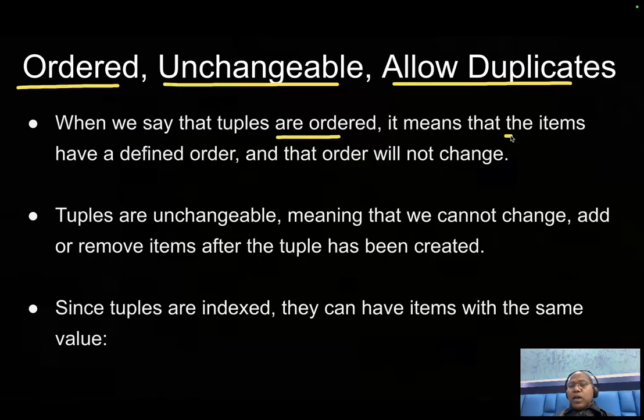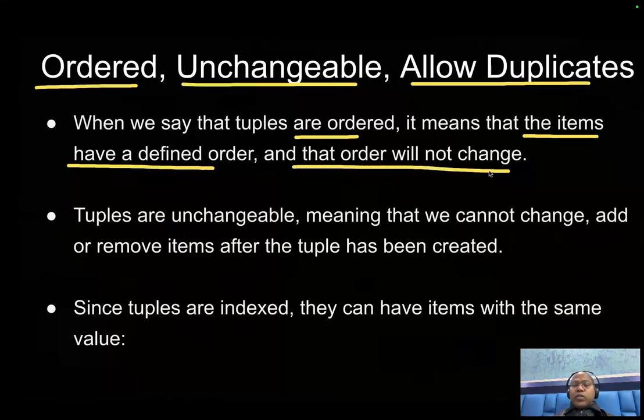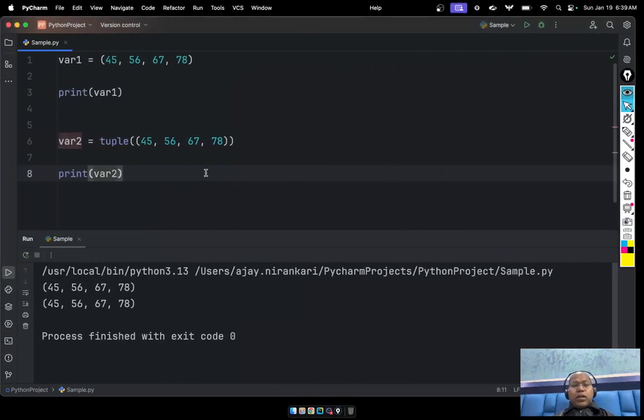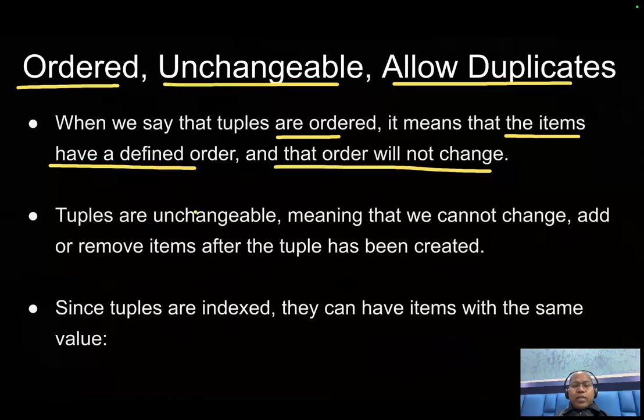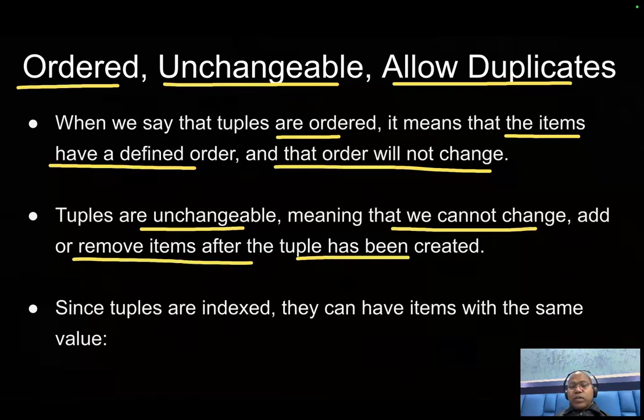That means the items have a defined order that will not be changed. Notice that the order in which we put the values is the same order in which we get the values. And they are unchangeable. That means you cannot change, add, or remove elements from the tuple once created.